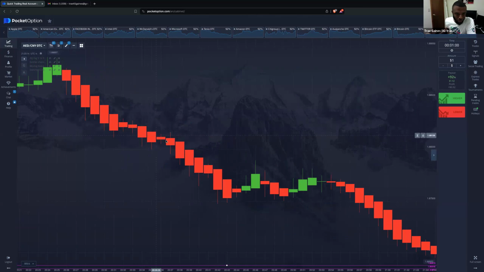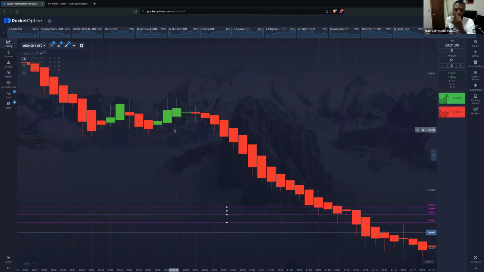Doji, sell, doji, doji, sell, sell, sell, doji, sell, sell, doji, doji, buy candle, doji, sell, sell, doji, buy, doji, doji, doji, sell, sell, sell. All these sales to a doji, right? So we got the three types of candles: buy, sell, and a doji. Those are the only three candles you've got to worry about.